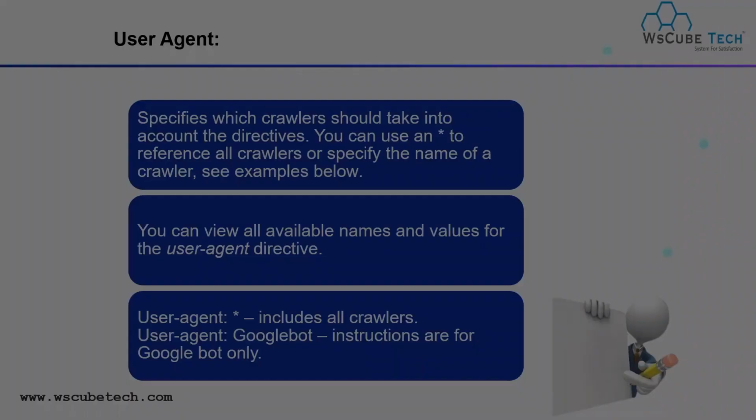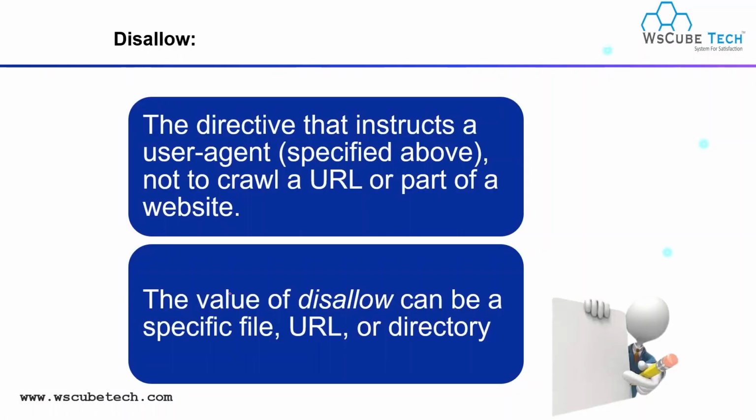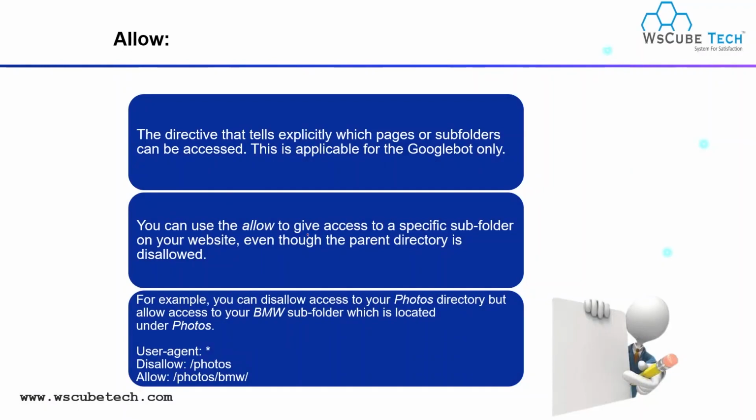Next we have allow. The allow directive tells explicitly which pages or subfolders can be accessed. This is applicable for Googlebot only. And you can use allow to give access to a specific subfolder on your website even though the parent directory is disallowed.